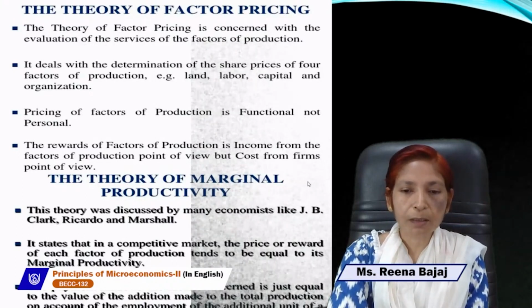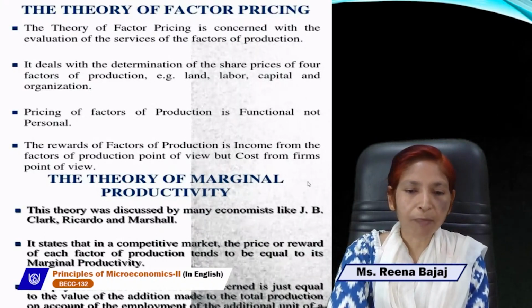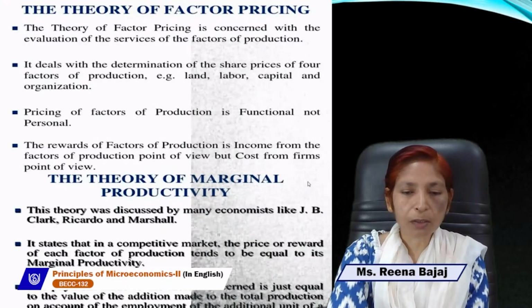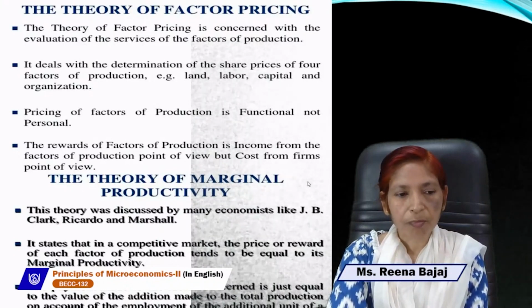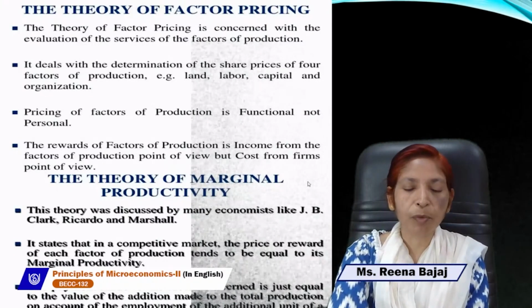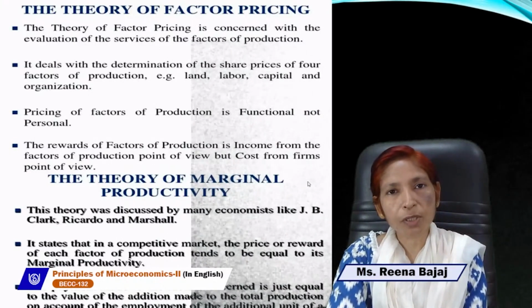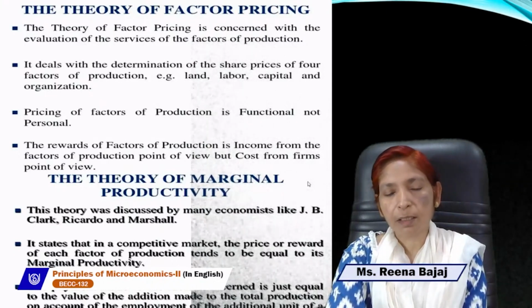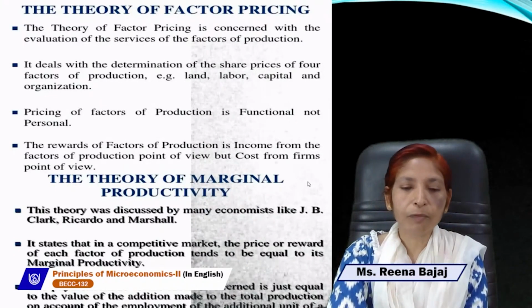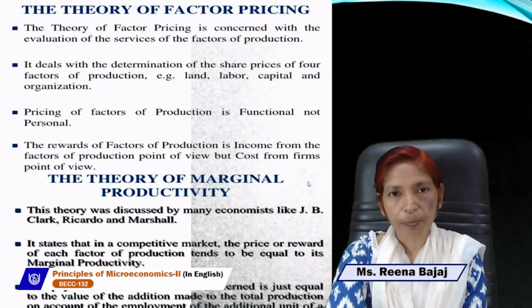According to J.B. Clark, we should give reward to each and every factor of production according to their contribution in marginal productivity. But this is very difficult because all the factors give contribution in a joint way. We can't determine the contribution of an individual factor in the production of goods and services.